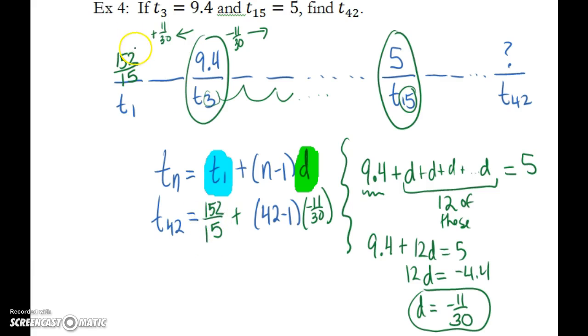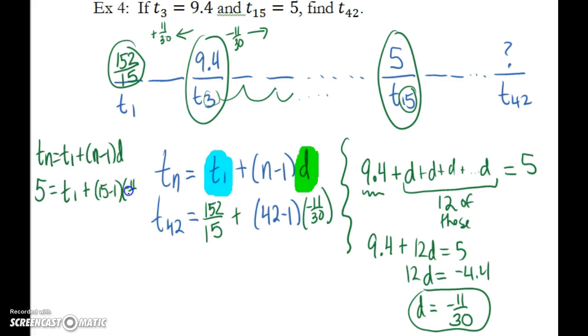Now you could find t1 a different way. You could use our formula over again. T sub n equals t1 plus n minus 1 times d, and plug in for everything but t1. And you could use whatever term you want that's given. So if we use 5 for t sub n, we would have to use 15 for n, because 5 is our 15th term.